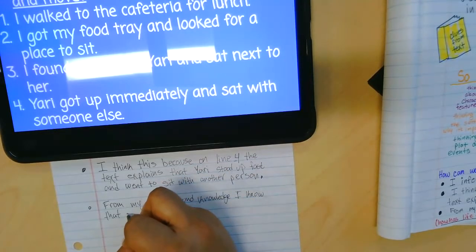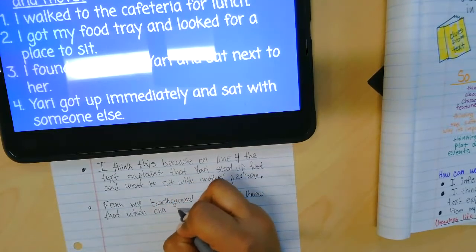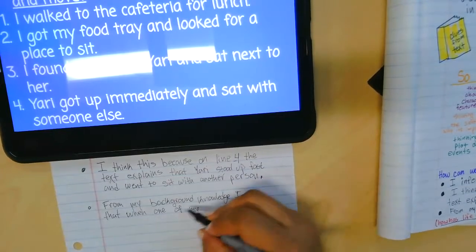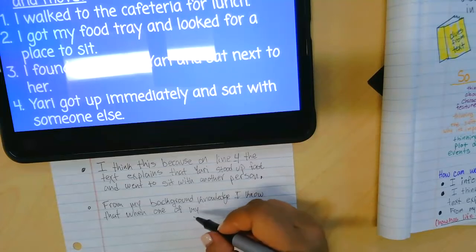when one of my friends, so remember, these are your personal experiences, or what you already know, your schema.